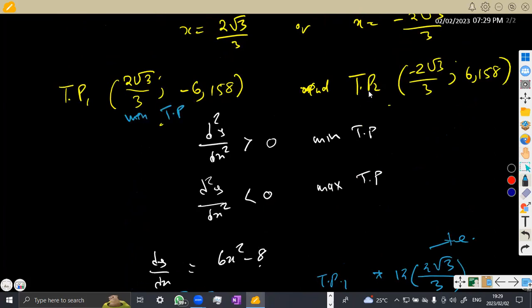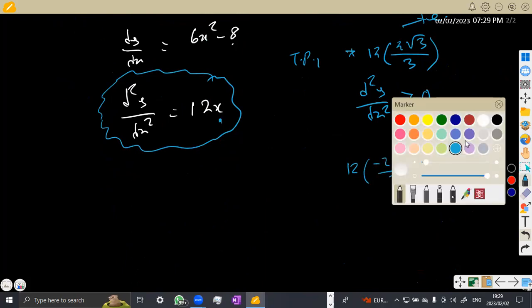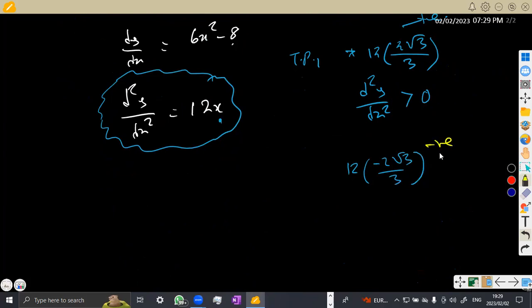You move on to the second turning point, our x is minus 2 square root of 3 over 3. So if you substitute here in the second derivative, it is going to be 12 multiplied by negative 2 square root of 3 over 3, of which here we are going to obtain a negative answer. That means our second derivative with respect to x is less than 0 because it's a negative.